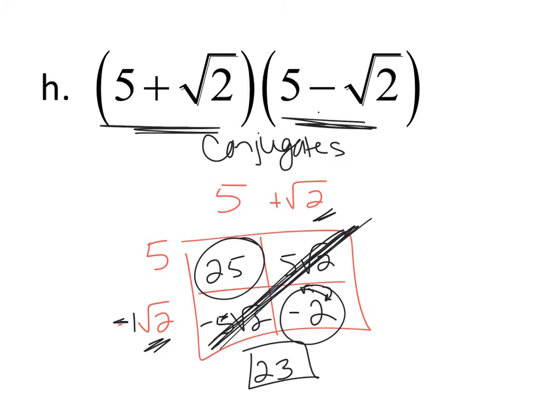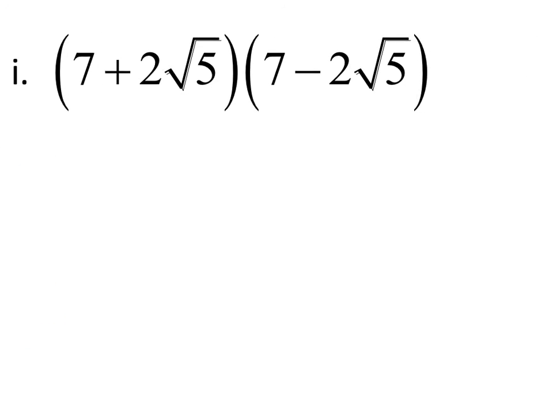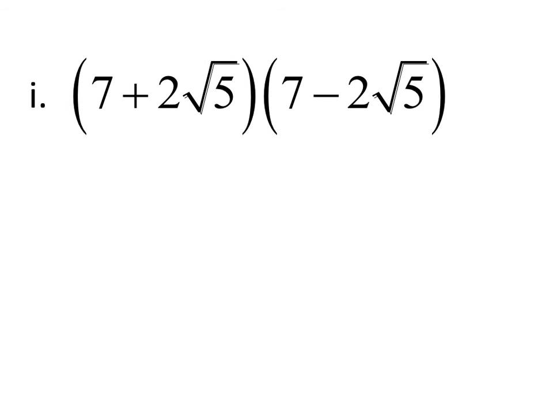They're called conjugates when they have the opposite sign but the same two terms, just the middle sign is different. When you have a conjugate, the middle term cancels out when you box method them. So the same thing should happen here because of the same terms but separated by different signs.